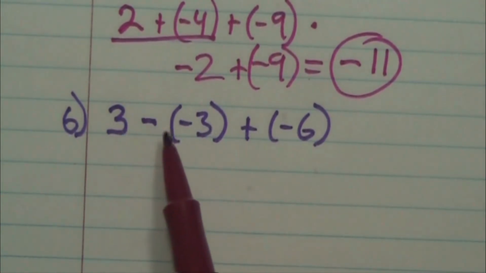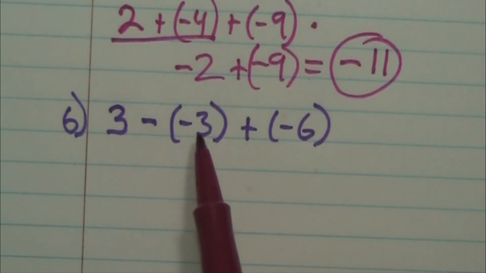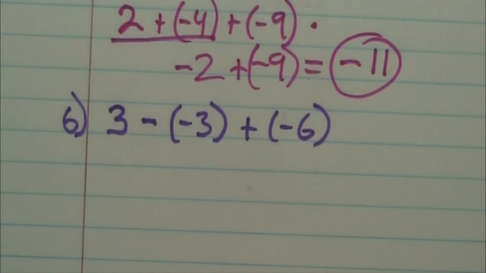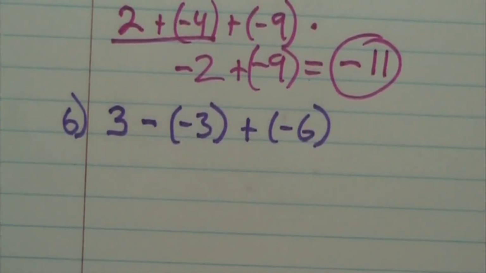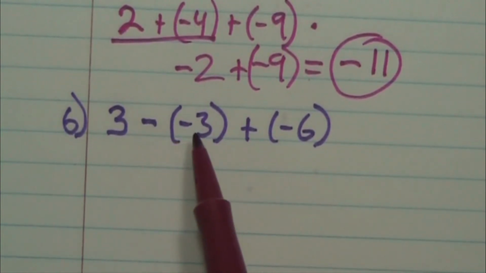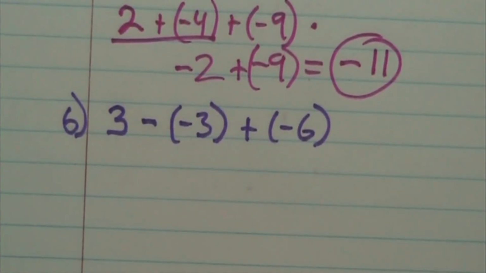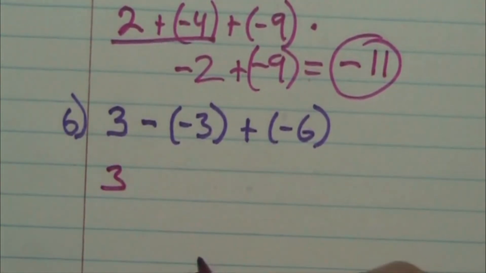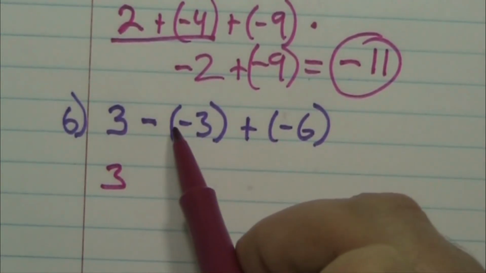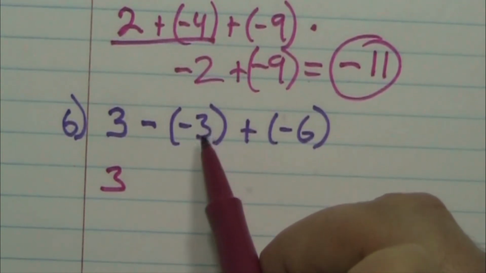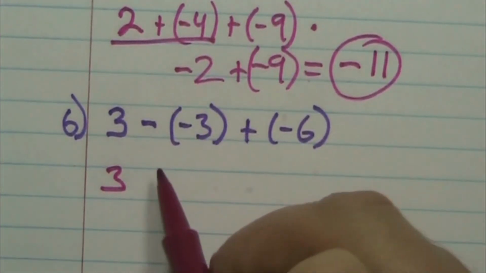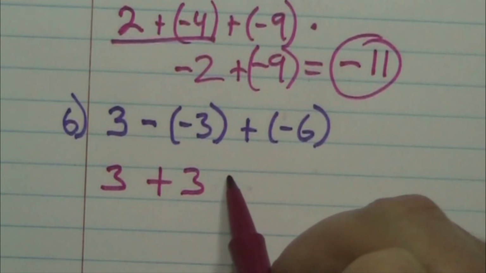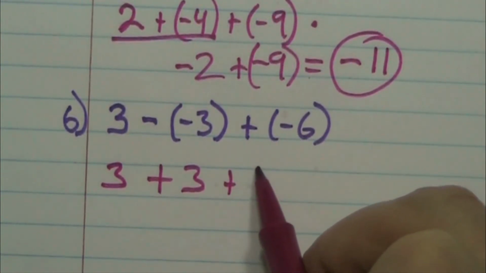So 3 take away negative 3, and then 6 negatives. 3 take away 3 negatives, and then add 6 negatives. Well, this is the same thing as adding a positive 3. Take away negative, that's a big plus. And you have 6 negatives.